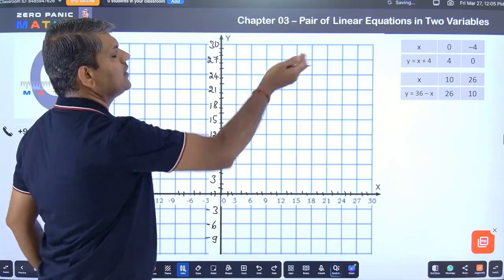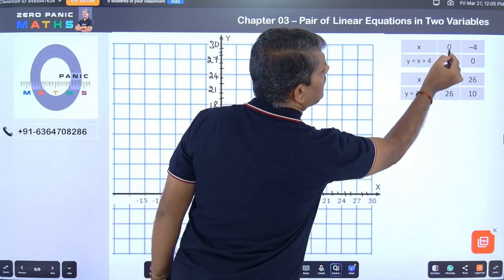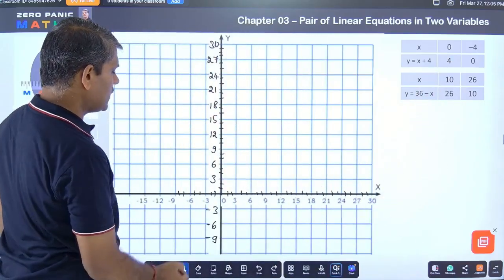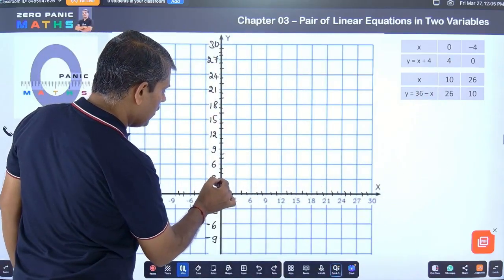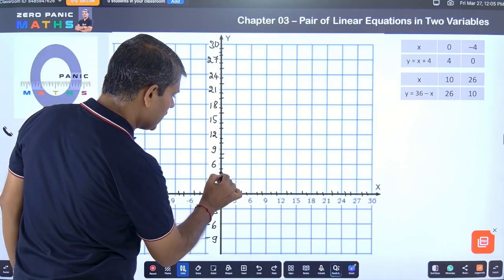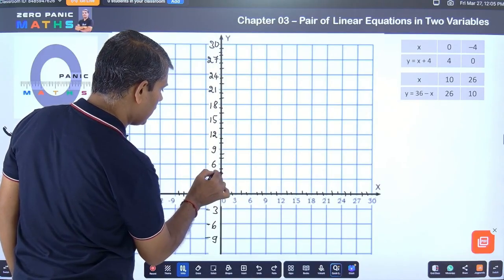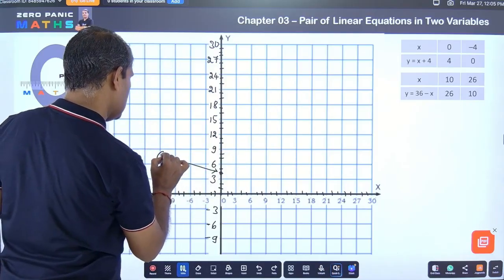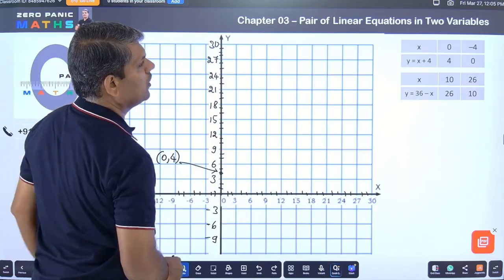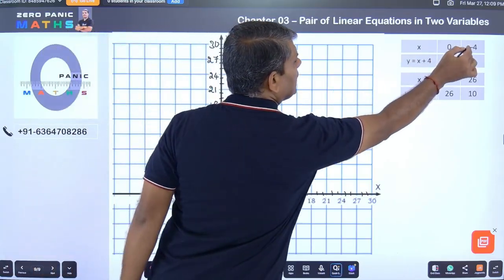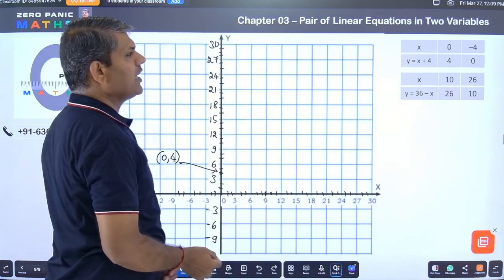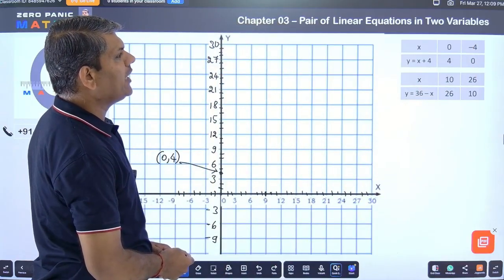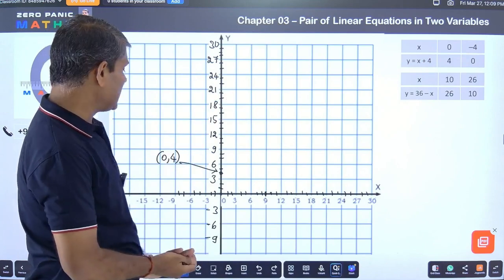Let us first identify 0 and 4. 0 is x for me and 4 is this point, right? This is 3 and this is 4. That is 0, 4 for me. Let us plot the second coordinate. Second coordinate is -4 as x and y as 0.